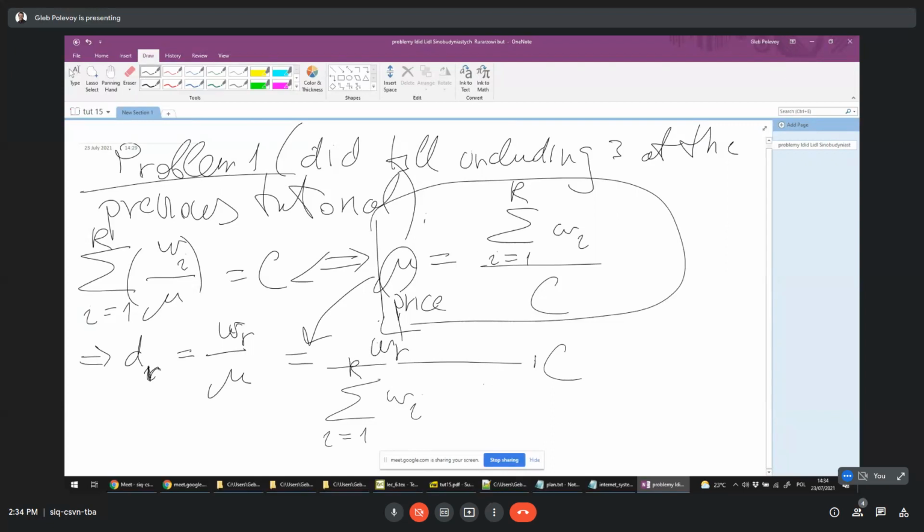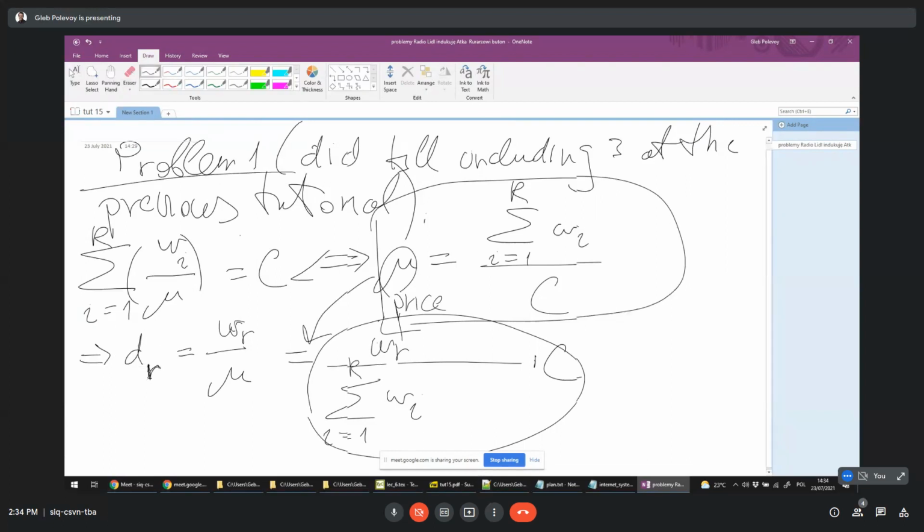So player R gets the proportion of her bid relative to the sum of the other bids of this total amount we share. So we don't need to calculate the price explicitly to calculate that. We still anyway calculate the price in this exercise, so it's free for us, free in the sense that it does not require extra effort, but we don't have to.